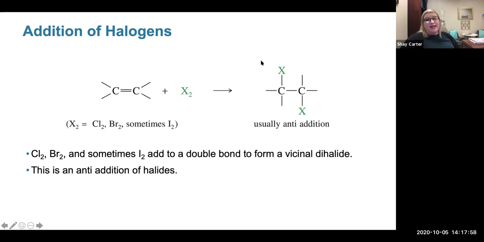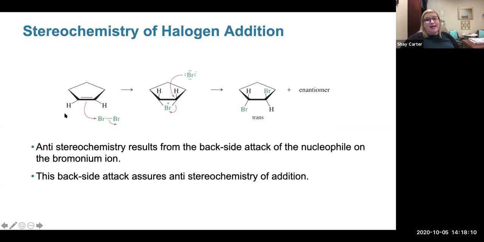Now here it doesn't make a big difference because we have rotation around the single bond, but if we had a ring, it would make a difference because those would be locked in place. Okay, here's an example. The stereochemistry results from the backside attack of the nucleophile on what's called a bromonium ion. A bromonium ion forms a small little three-membered ring on one side of the face.